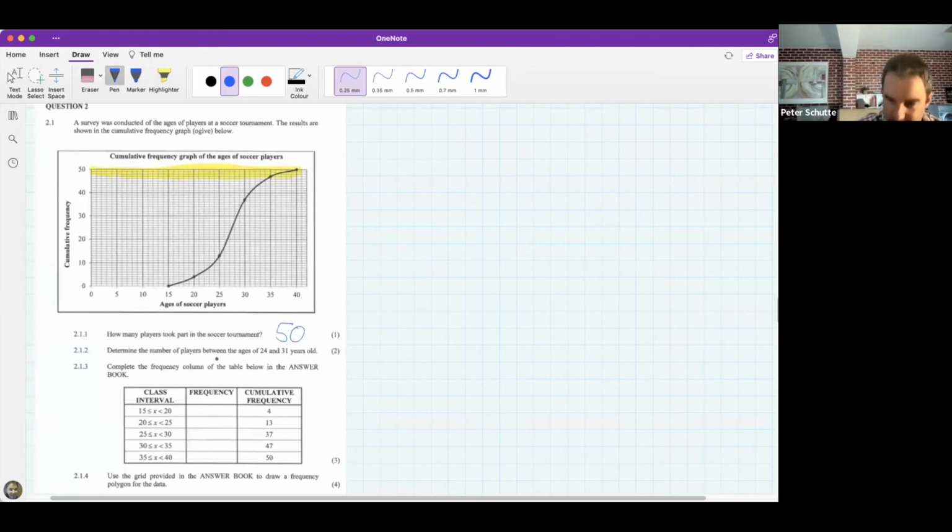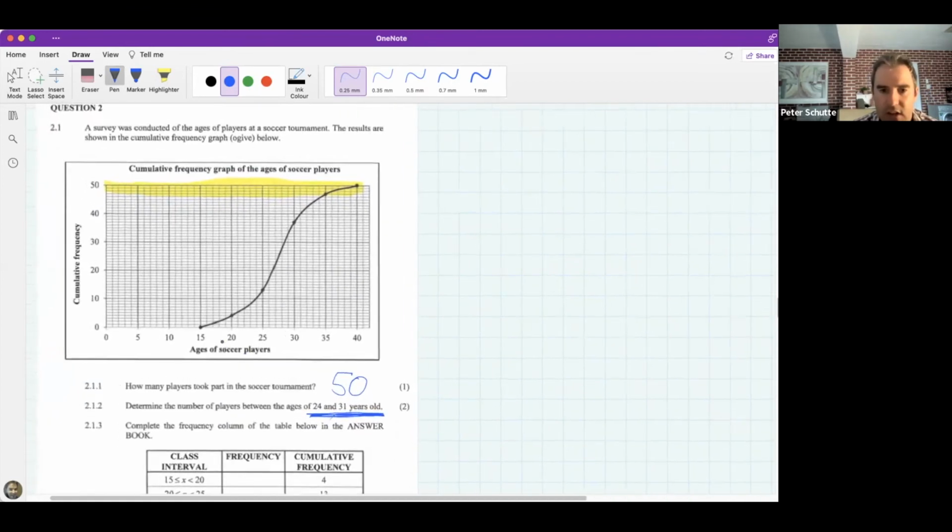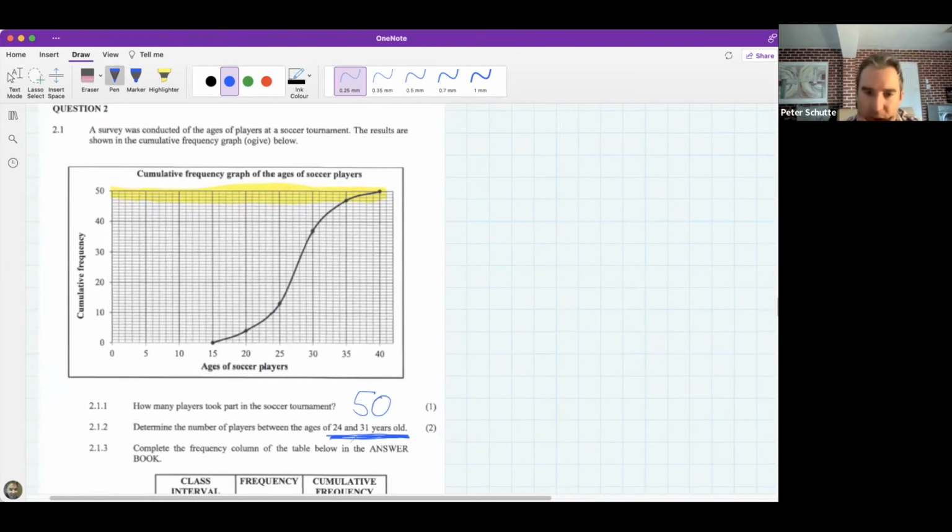Okay, now, second question. Determine the number of players between the ages of 24 and 31. I want you to try and zoom in on the graph and think about how many players between the ages of 24 and 31. So we've got age along the bottom axis.